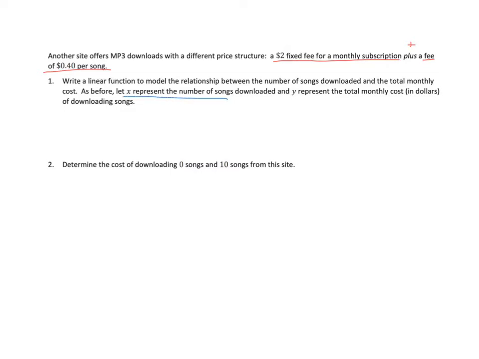It says write a linear function to model this relationship between the number of songs and the total monthly cost. X is going to represent the number of songs. Y is going to represent the monthly cost. So we know that we're going to be writing this in the form of y equals mx plus b. Y represents the monthly or total cost.